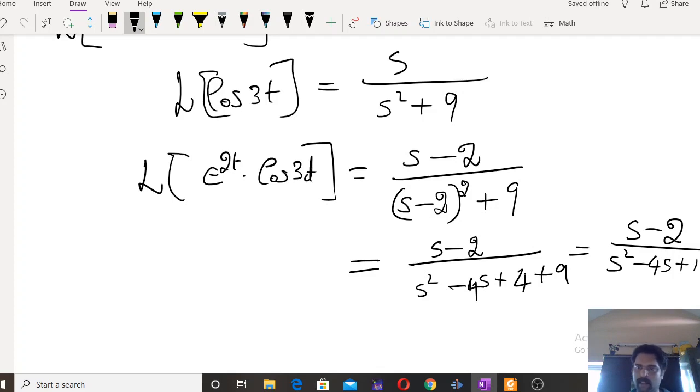So that is how we can simplify it, and that is the application of the first shifting theorem.